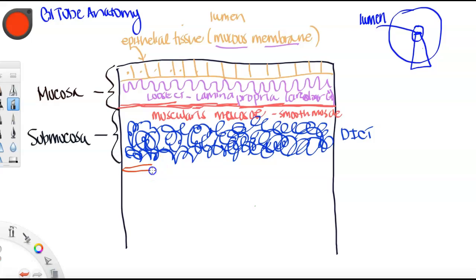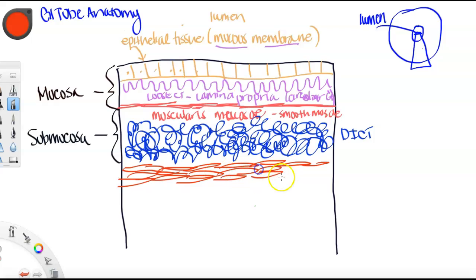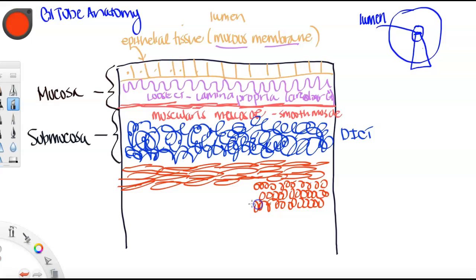Under that is more smooth muscle. And there's 2 layers of smooth muscle here. And each layer has the fibers going in opposite directions. So we've got that one going that way, and then this one going this way. All right, so you get my drift there.